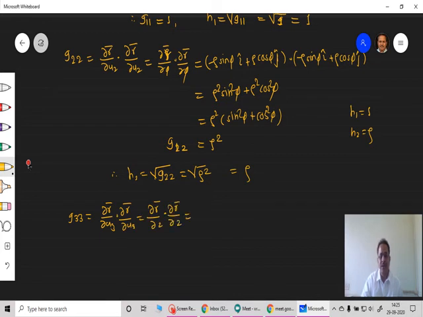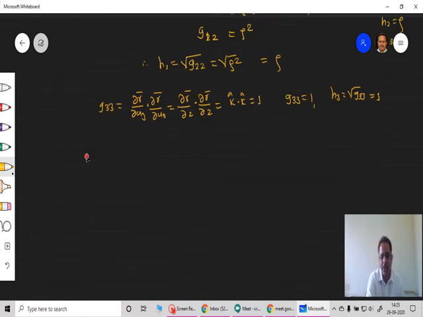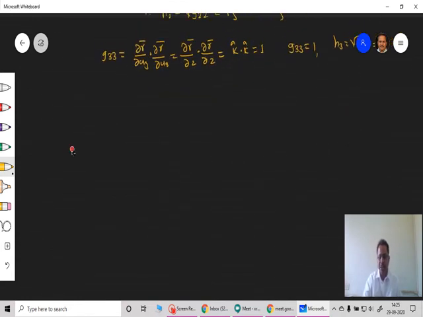Just see that we have obtained this to be simply k cap dot k cap, that is equal to 1, and therefore G33 is 1, therefore H3 is equal to root of G33, that is simply 1. So it is simpler as compared to the spherical polar coordinate system. Now I can show this in short.